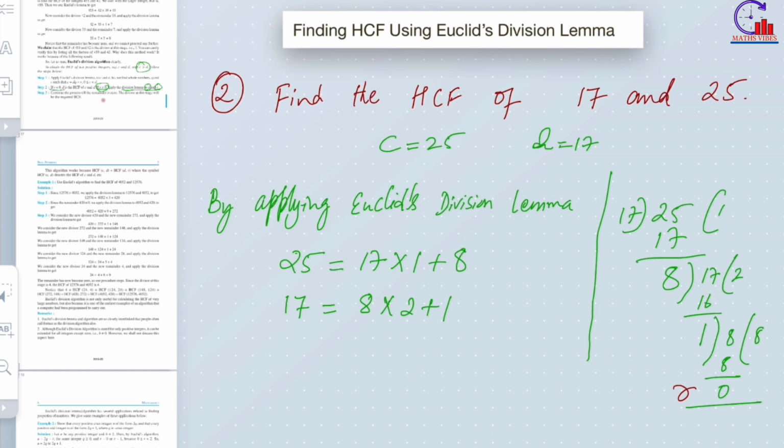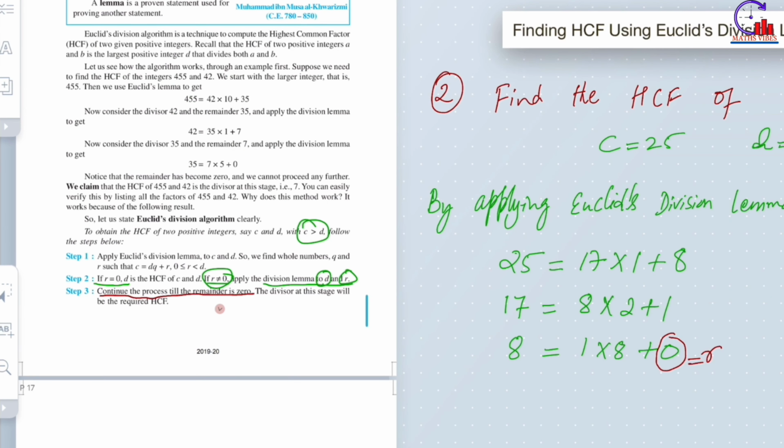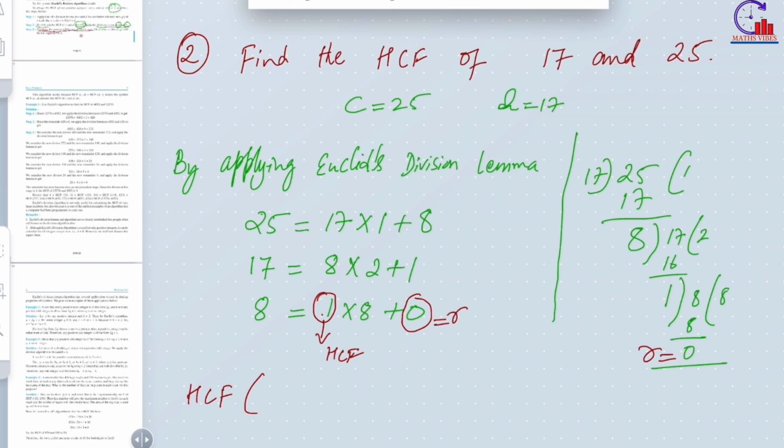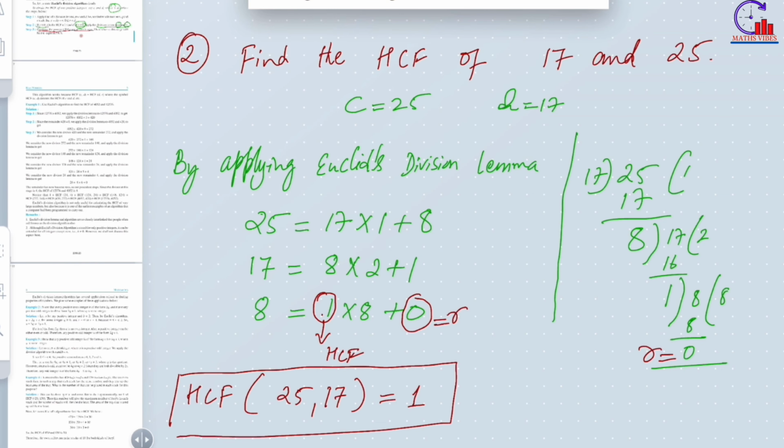Finally the remainder is 0, so I can write 8 is equal to 1 into 8 plus 0. Here the value of R is equal to 0. That means this is the end of the process. We have to continue the process till I get the remainder 0. So the HCF of 25 and 17 is 1. This is the process of finding the HCF of two integers by using Euclid's division lemma.